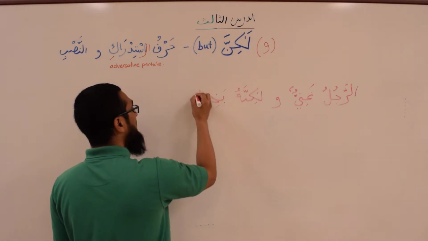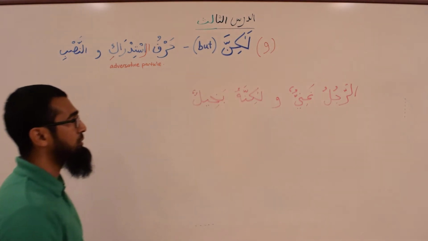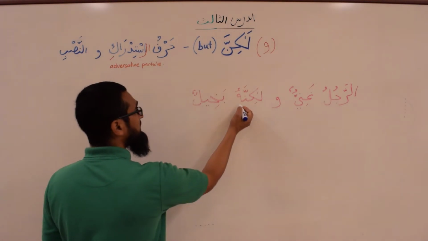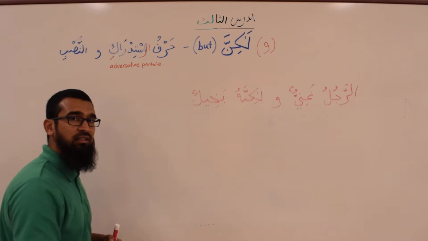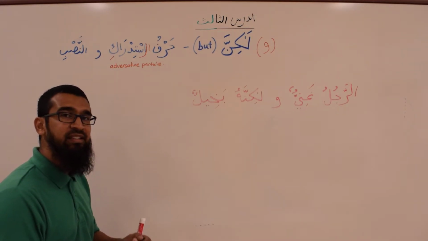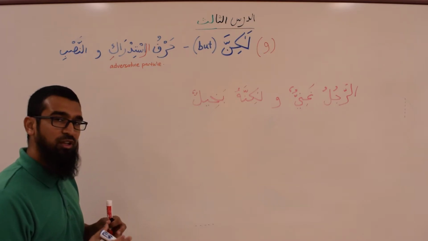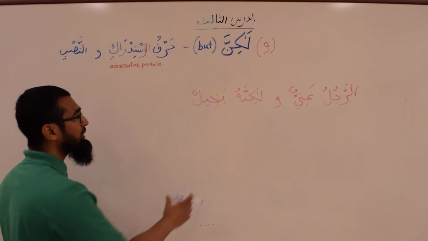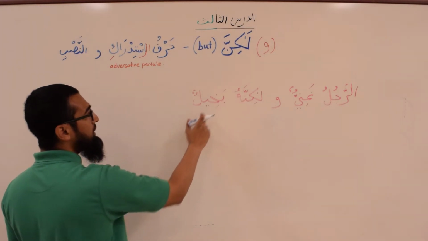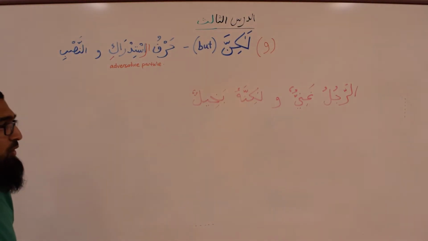الرجل غني, the man is rich, ولكنه, but he, and keep in mind, this is a damir. Just like we said inni plus ana is inni or innani, inni plus huwa is innahu. So lakinna plus huwa is going to be lakinnahu bakhilun. ولكنه بخيل.